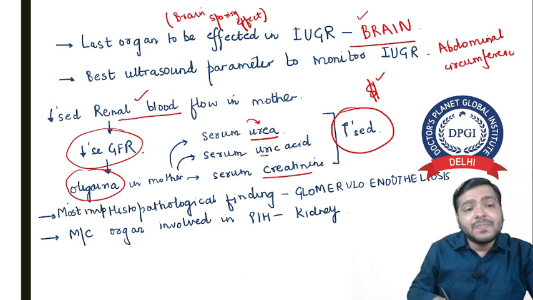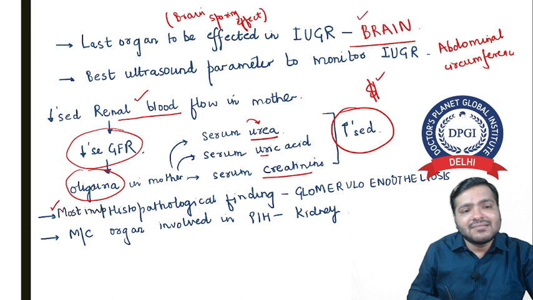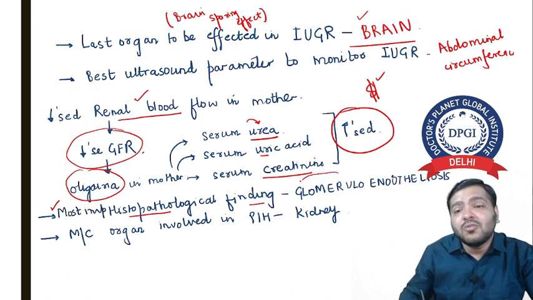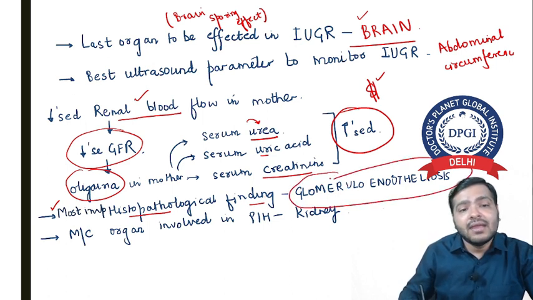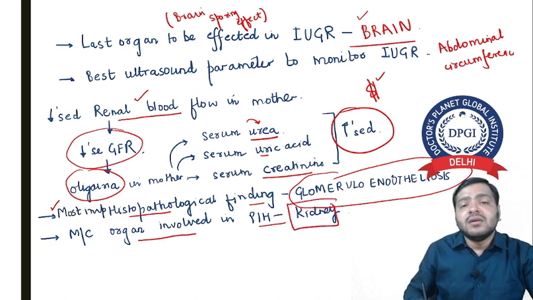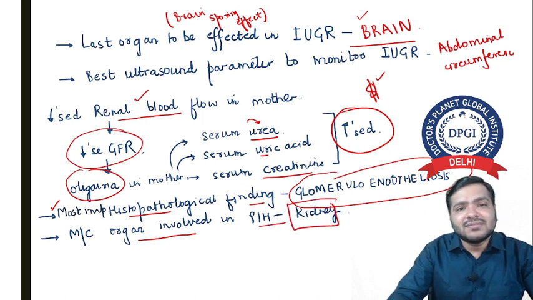Apart from that, another important question that is asked is the most important histopathological finding in PIH. You will find that it is glomeruloendotheliosis. And I have already discussed that the most common organ involved in PIH is the kidneys.